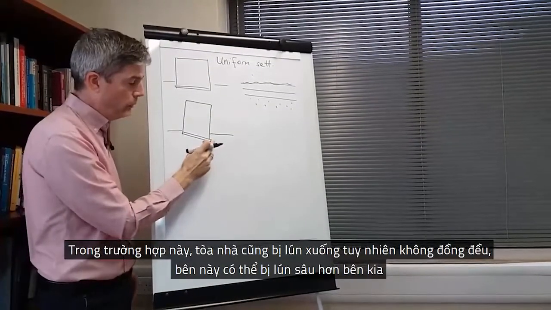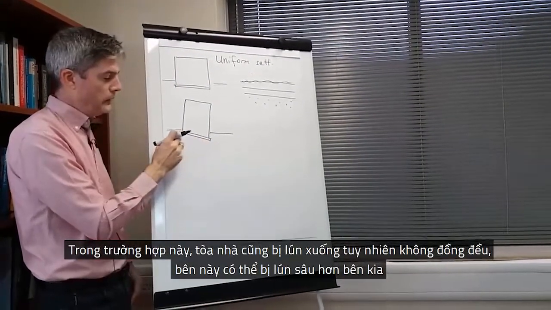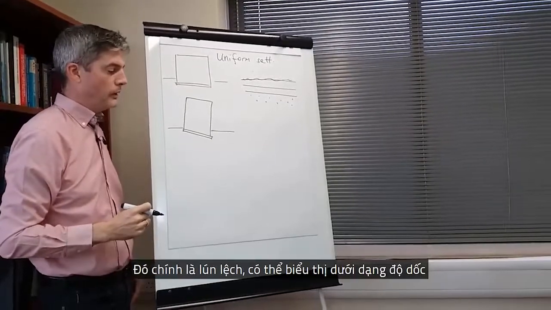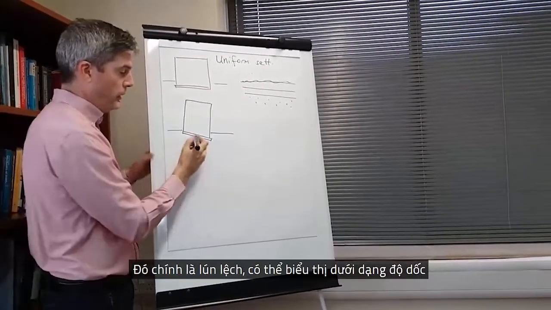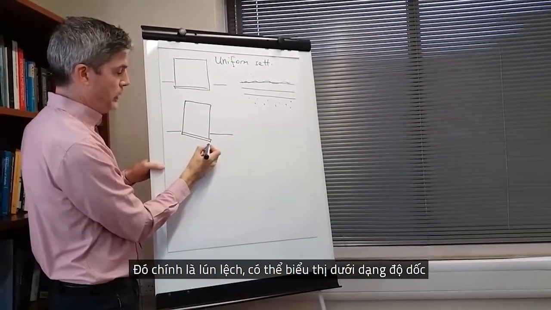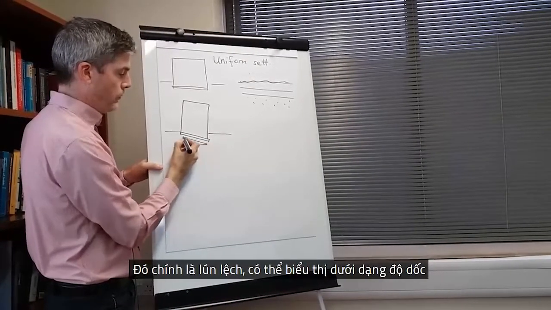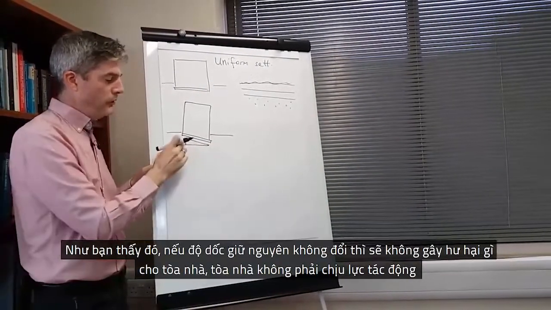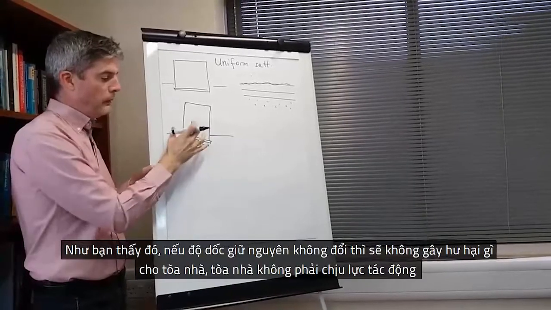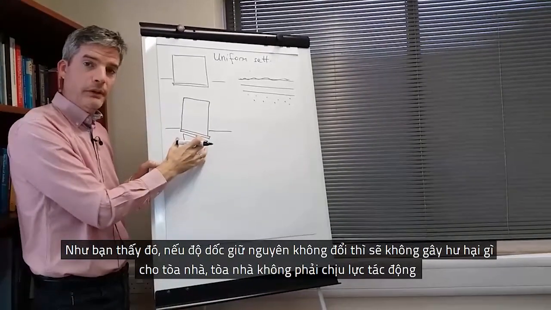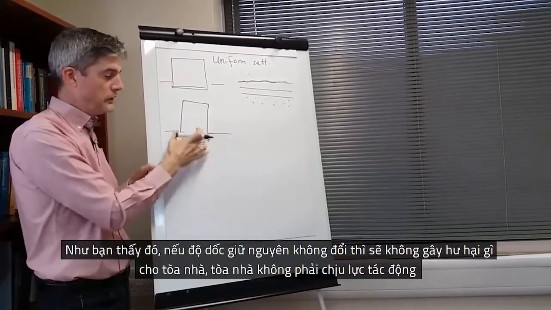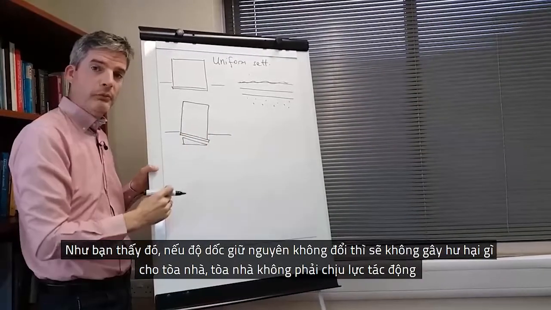It has settled more on this side than it has on this side. So that is a differential settlement. And that can be expressed as a slope. You see there. But if it is a constant slope, that will not directly cause damage to the building because there's no distress being felt by the building.